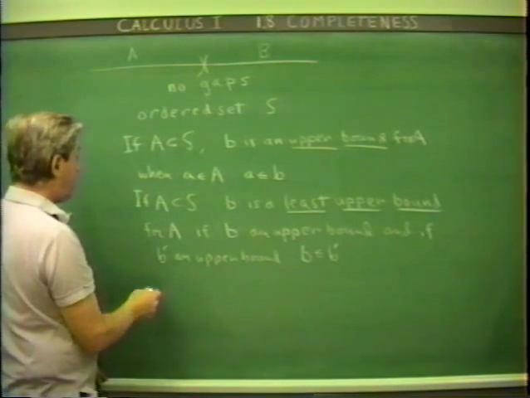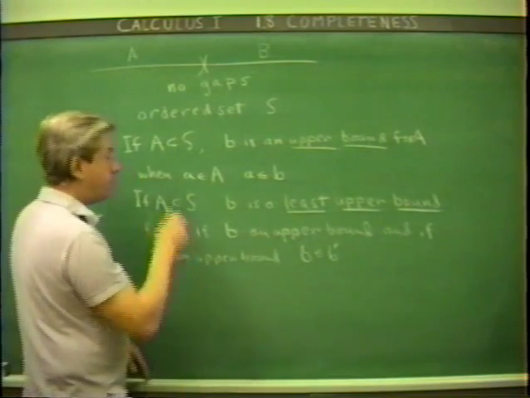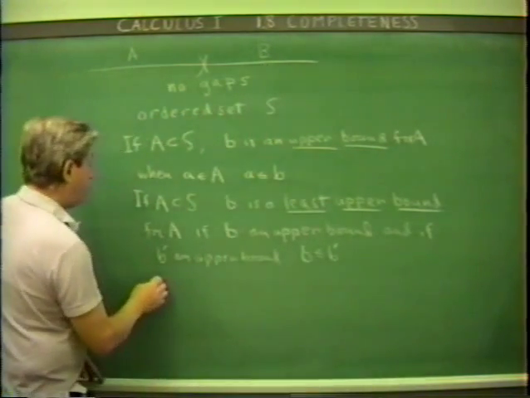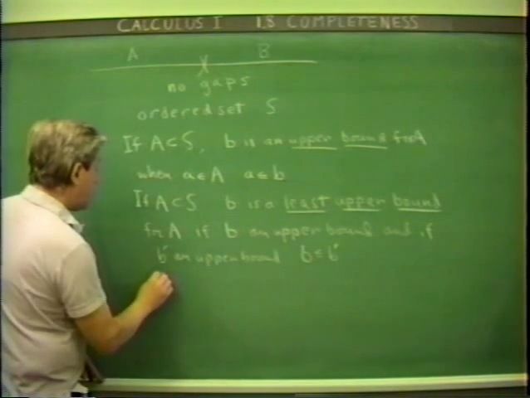Okay, so here we have an upper bound, and here we have a least upper bound, and now finally the completeness axiom.